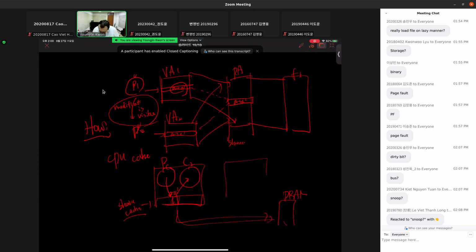Do you know what happens if there are multiple caches? Say there are 2 cores, and we have process 1 here and process 2 there. Then this line has to be consistent. This is by the cache coherence protocol: MESI, MOSI, MSI.